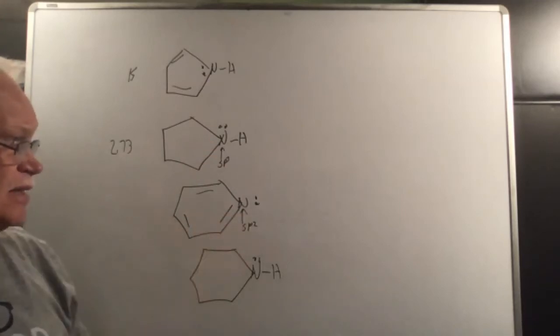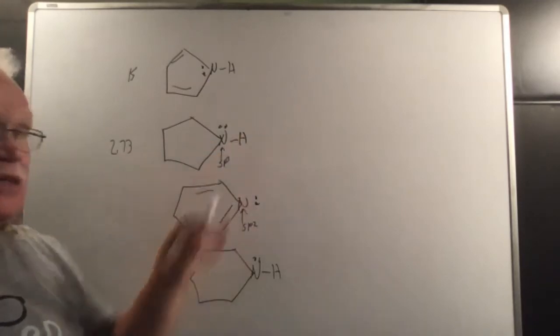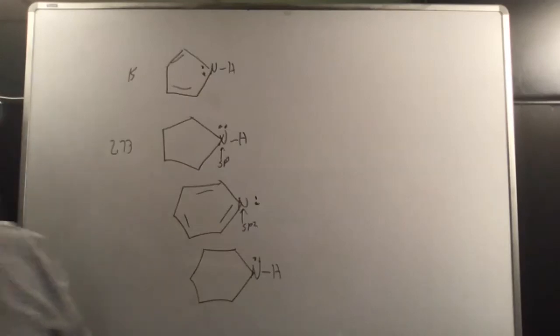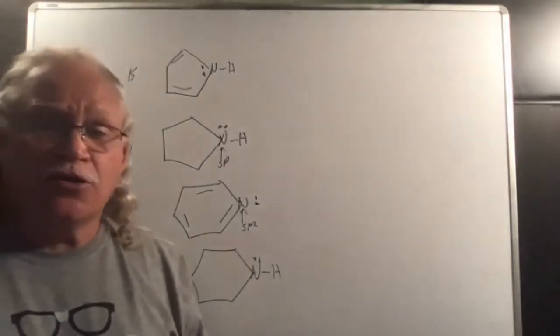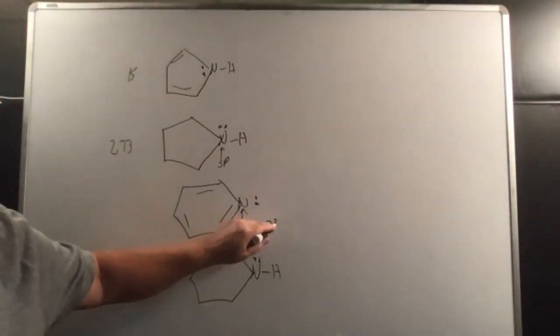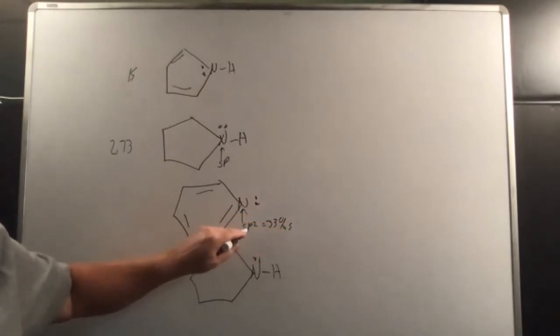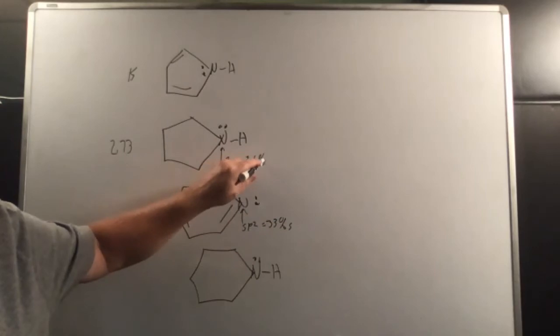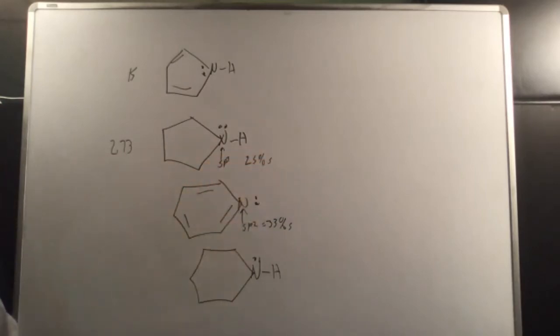And we've already said that the electrons on an sp2 nitrogen are 33% S, 1 out of 3 parts. This is 25% S. Okay?